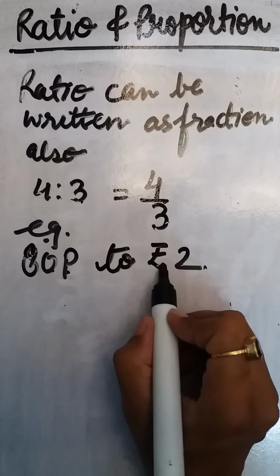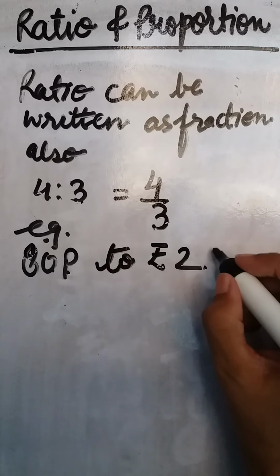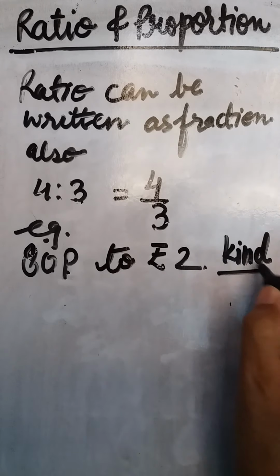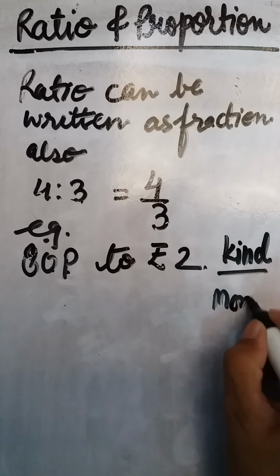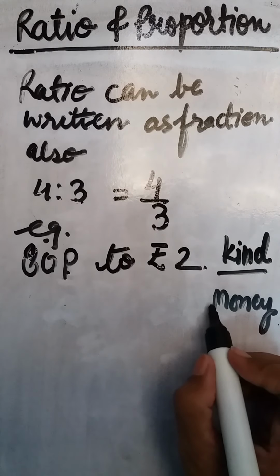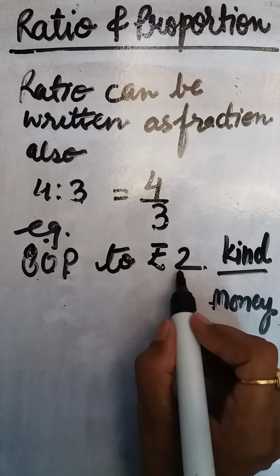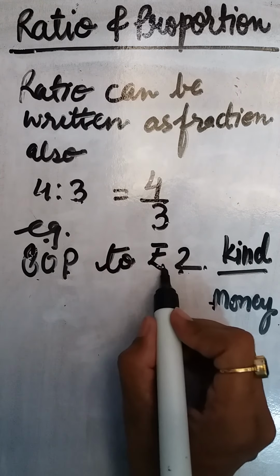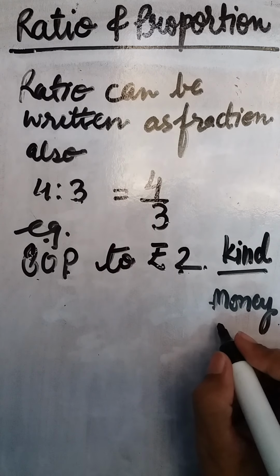Paisa and rupees are of the same kind. The kind of the ratio should be same. The kind here is money. This is also one more condition, that the kind of the two things should be same. Here it is same.